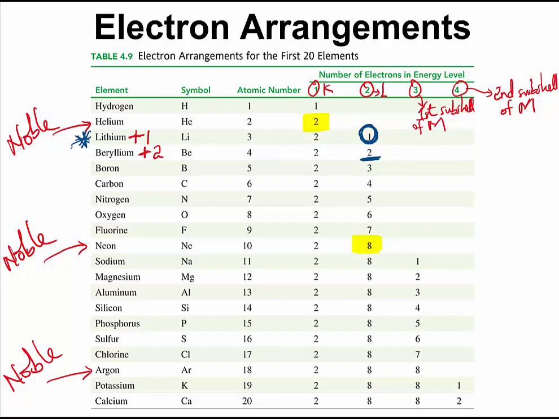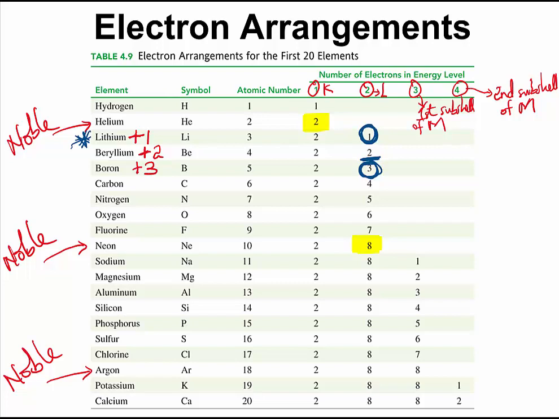Boron also has 2 possible pathways. Lose the 3 electrons in the outermost shell to be like helium, or gain 5 electrons to be like neon. Nature would always go via the easiest pathway. So boron will end up losing 3 electrons and having a charge of +3. Carbon is in a unique position.